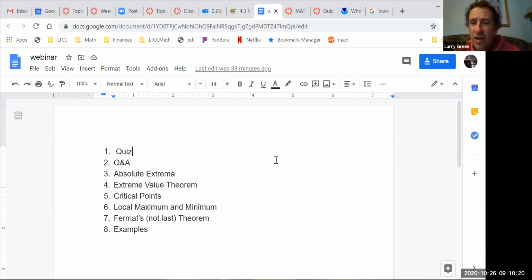How about in structural engineering? What do you usually want to maximize? Integrity. So bridge integrity.